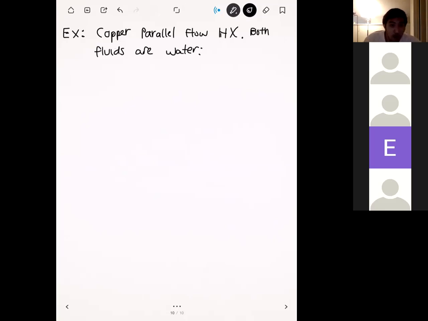I'll call this inner water. So this is the water in the inner tube of the concentric tube heat exchanger. The inlet temperature for this is 50 degrees C, and the volumetric flow rate of this water is going to be 15 liters per minute.